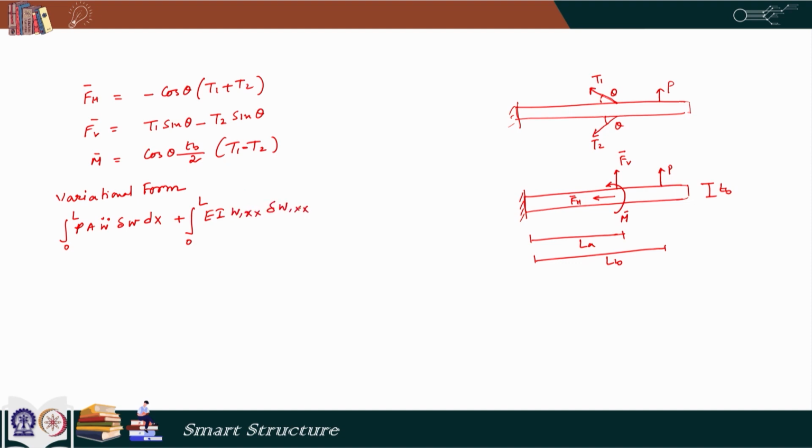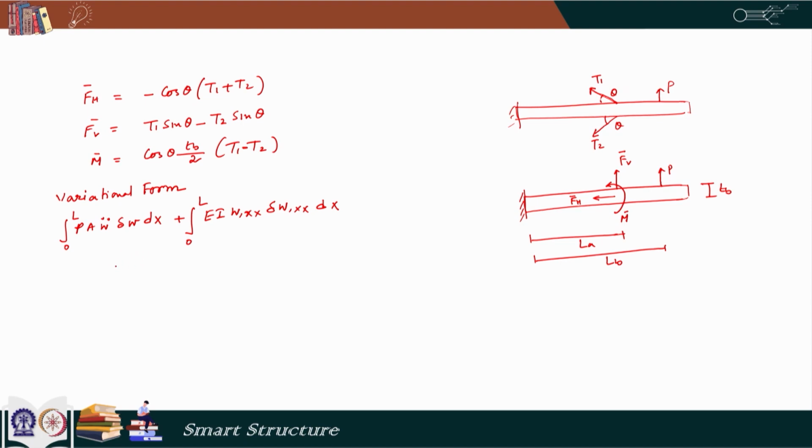Here W comma xx means the derivative of W with respect to x done twice. And now comes the external virtual works due to these forces: Fv bar, Fh bar, the moment m bar, and also this force P.